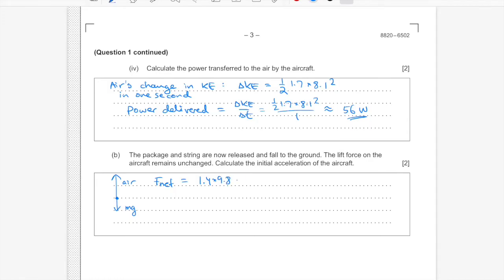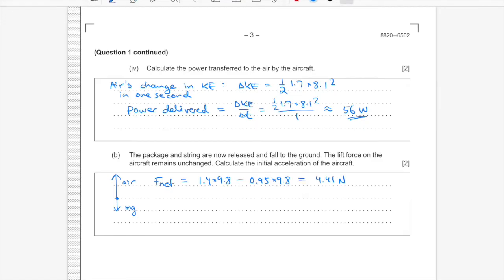The force is simply the force from the air that we worked out before minus the new lighter weight, and we get around 4.41 newtons.